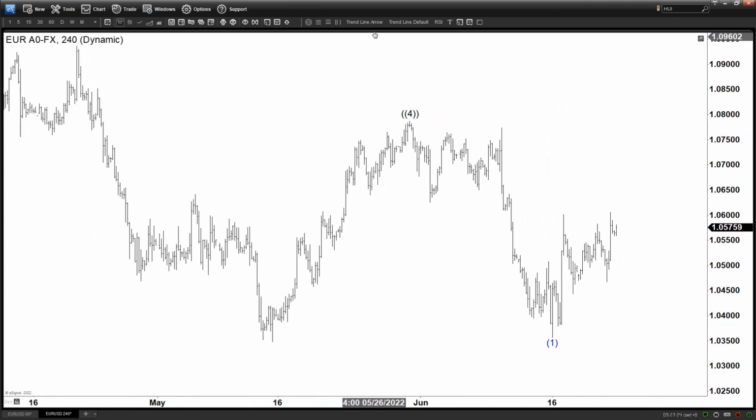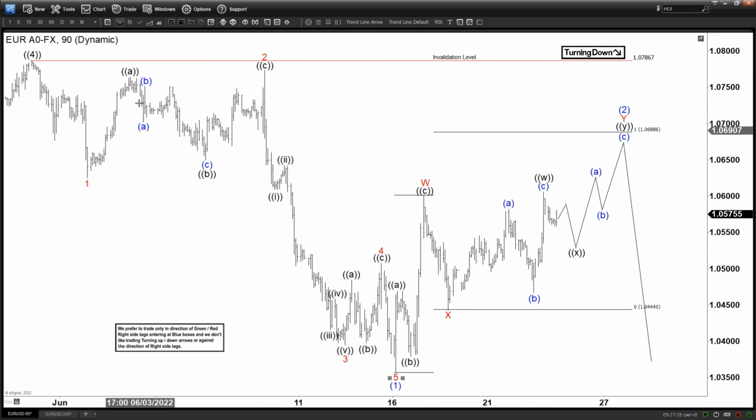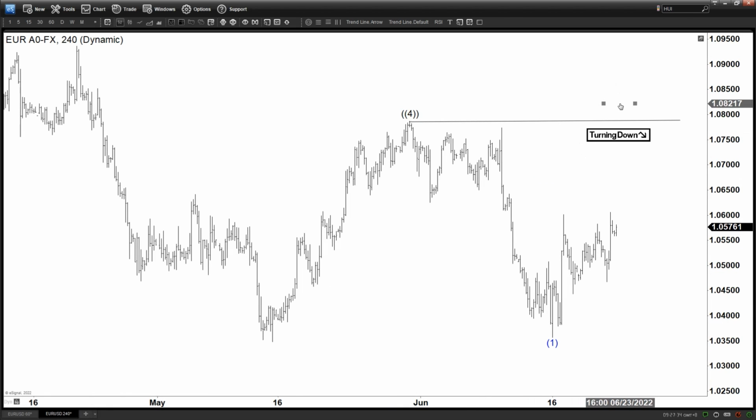The invalidation level that you see is still turning down, and the reason is that if you zoom out, we have not really broken below this. This is your 3 in black, and we have not broken below that. We are kind of double bottoming here.